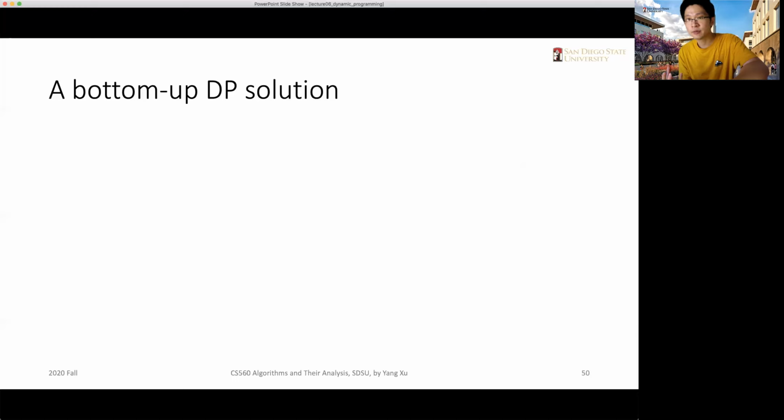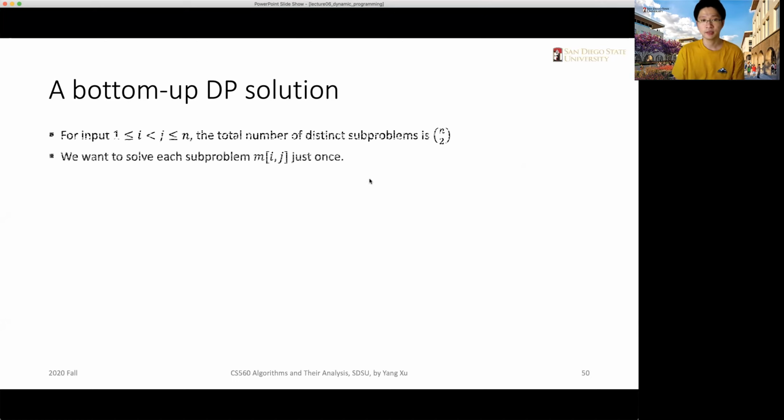So we'll start from a bottom-up dynamic programming solution, okay? Let's look at the problem more closely again, because given the inputs from 1 to n, any subproblem defined by I and J must be bounded by 1 and n, right?